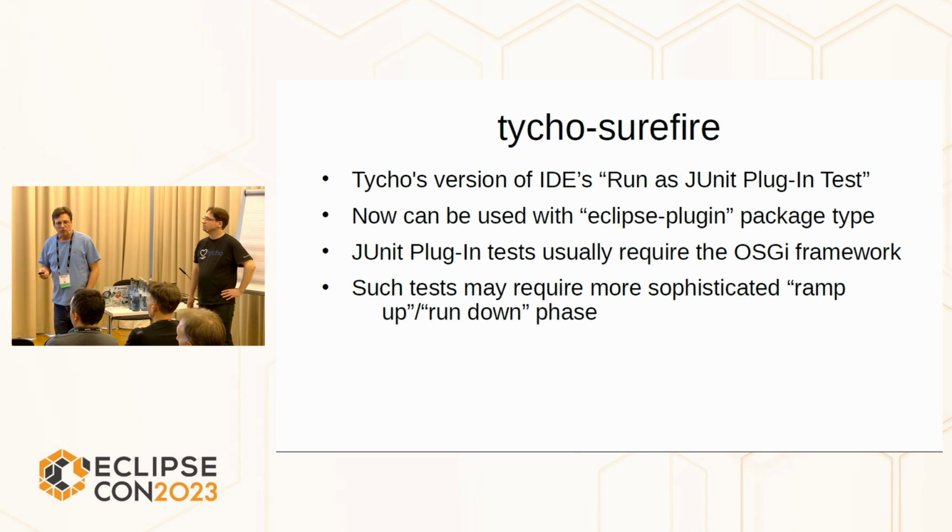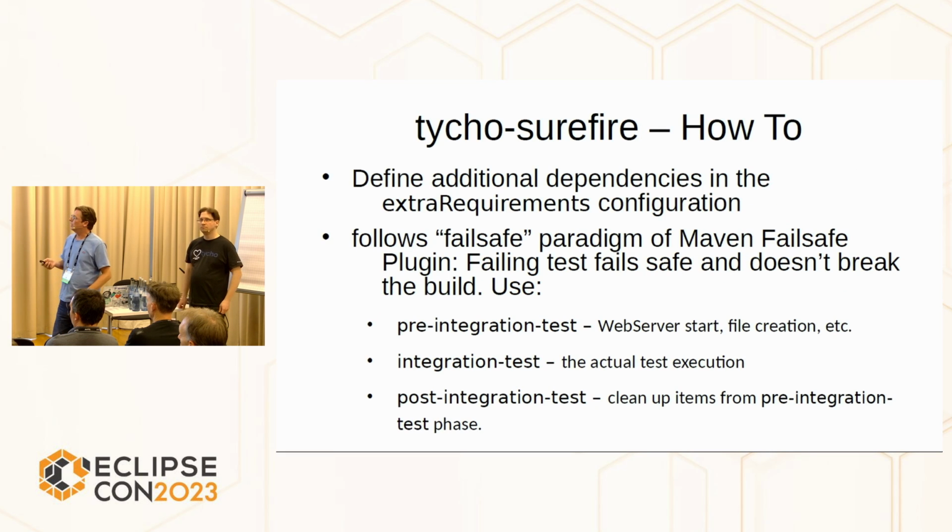Yeah. So for those tests, usually you have some more complex ramp up, I guess. So the Tycho Surefire plugin adheres to the Maven failsafe paradigm. This is pretty helpful because in case during the test execution something fails, it could happen that the actual Maven plugin crashes.